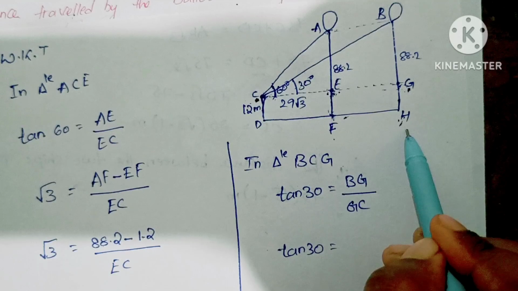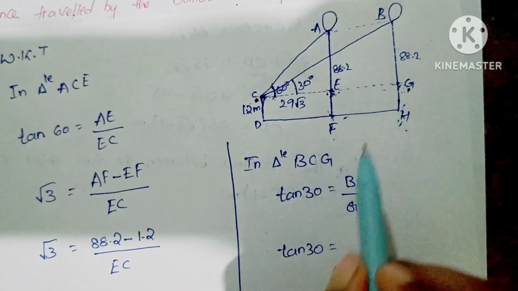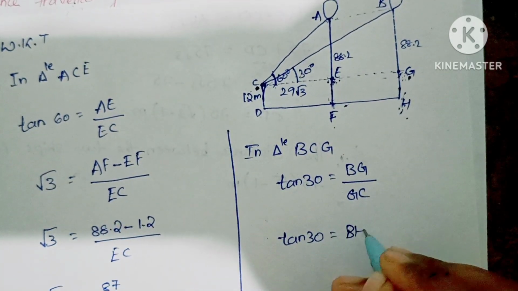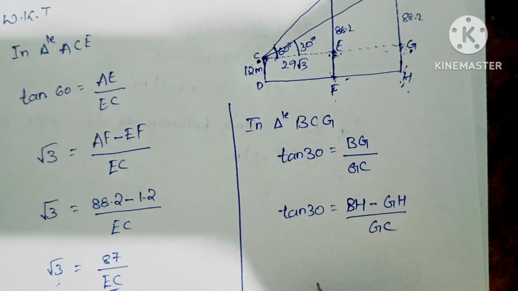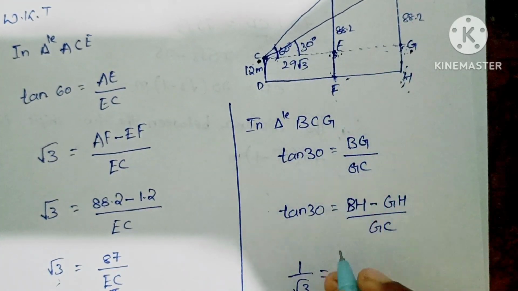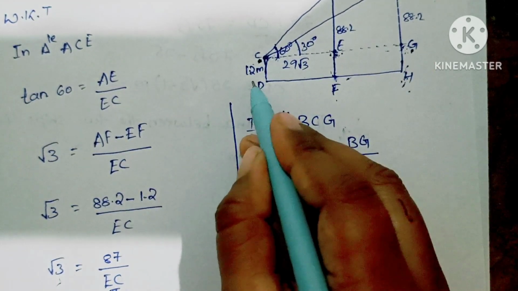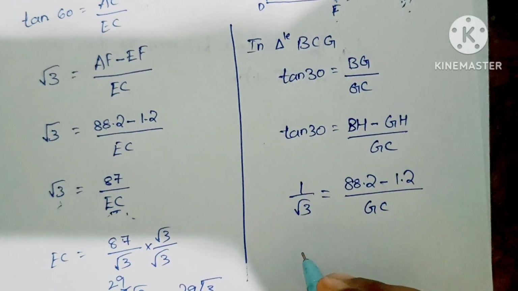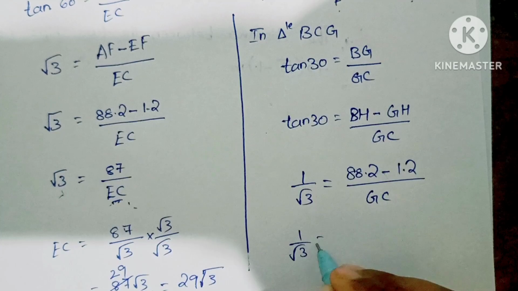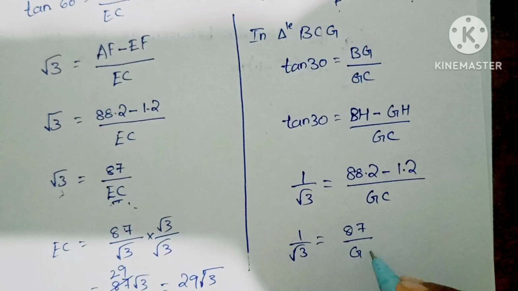You know BH, the total height, and the tall gun height GH. If you subtract it, you will get BG. That means BG is BH minus GH, by GC. Tan 30 value is 1 by root 3, equal to BH, which is 88.2, minus GH, which is 1.2, by GC. So 1 by root 3 equals 88.2 minus 1.2, that is 87, by GC.